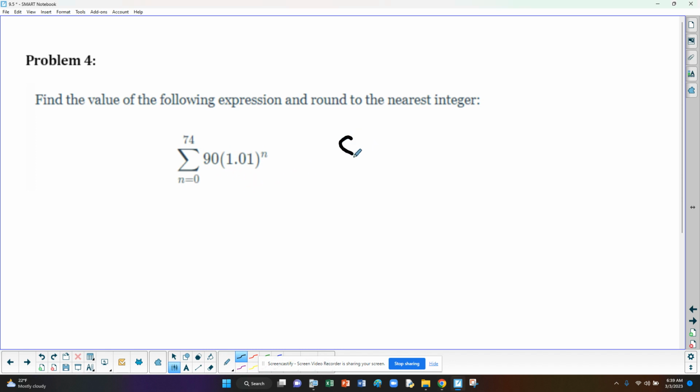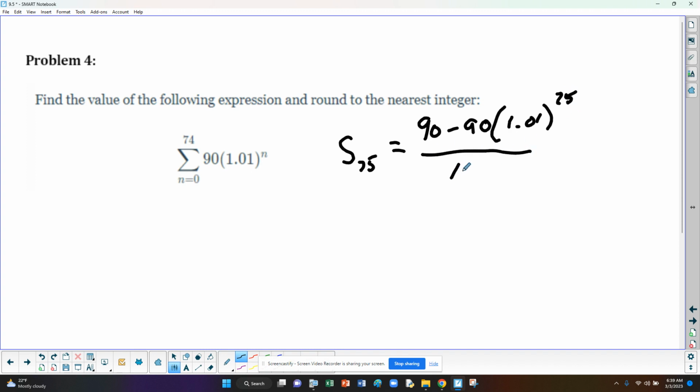So to find the sum of this one, I would take the sum of 75 terms, because it goes 0 to 74, equals 90 minus 90 times my rate, which is 1.01, and then we're going to raise that to the 75th power, all over 1 minus 1.01. So we'll punch that into the calculator.